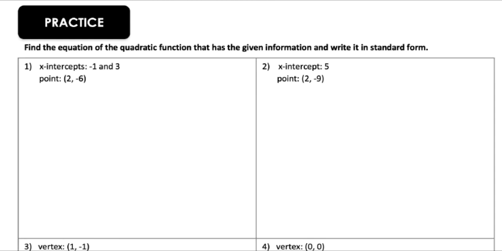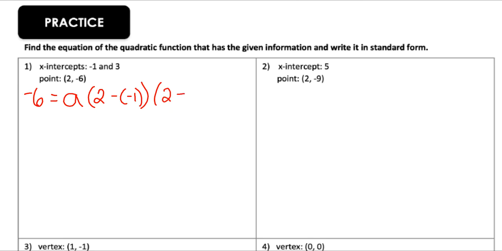So for this first one, I am given the x-intercepts and a point. So I'm going to go with intercept form on this one. So I am going to plug everything in where it goes. So my y value is -6. I'm going to find the a value. X value is 2.